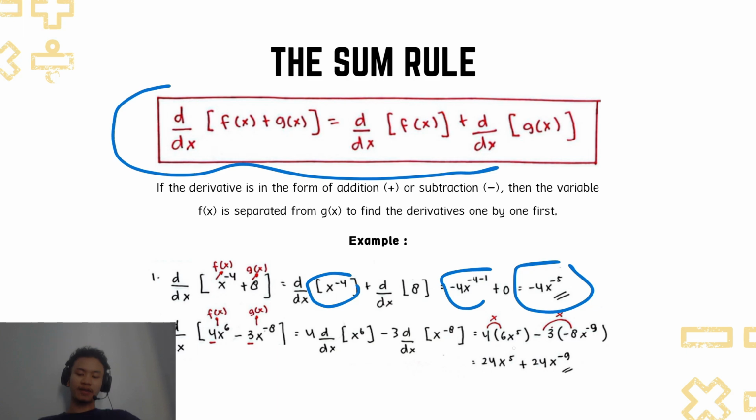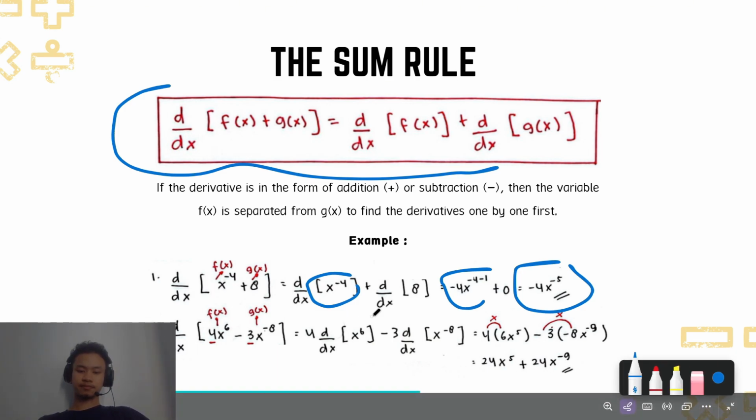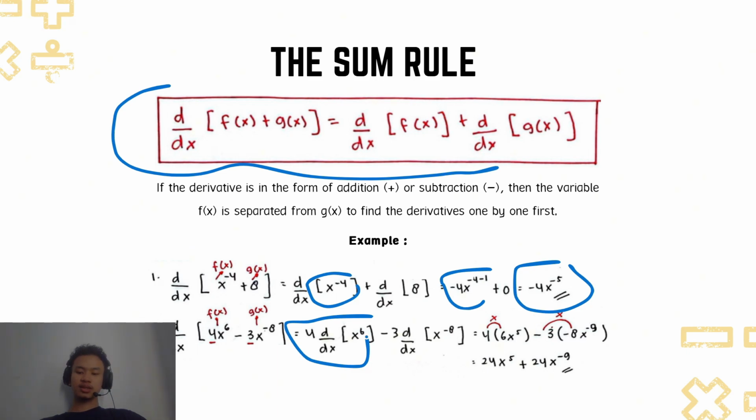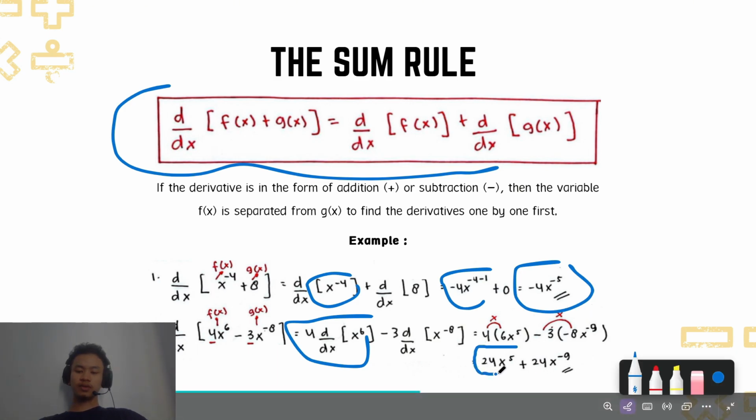For the second example, we have the derivative of 4 times x raised to the power of 6 minus 3 times x raised to the power of negative 8. We apply the sum rule and constant multiple rule. The derivative of 4x to the power of 6 is 4 times the derivative of x to the power of 6, which is 4 times 6x to the power of 5, which is 24x to the power of 5.